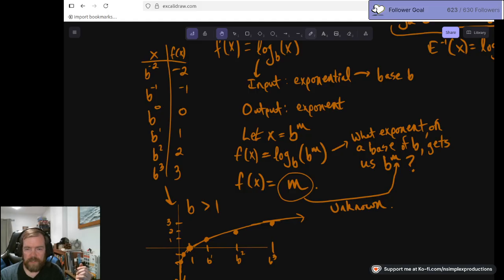Now if b is less than 1, then that's going to tell us that as we raise to higher and higher powers of b, those values are going to get smaller and smaller.